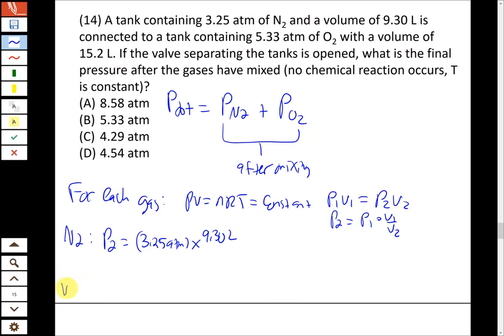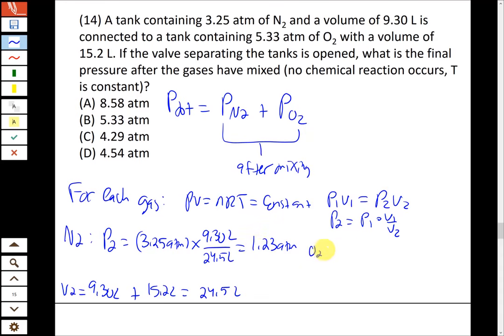So for both gases, V2 is going to be the volume of the first tank, the nitrogen tank, 9.30, plus the volume of the second tank, which is 15.2, which comes out to 24.5 liters. So once the gases mix, they occupy the entire 24.5 liters, the sum of the volumes of the two individual compartments, and that's going to be our final volume for both. So for N2, V2 is 24.5 liters, and that means its partial pressure after mixing will be 1.23 atmospheres.